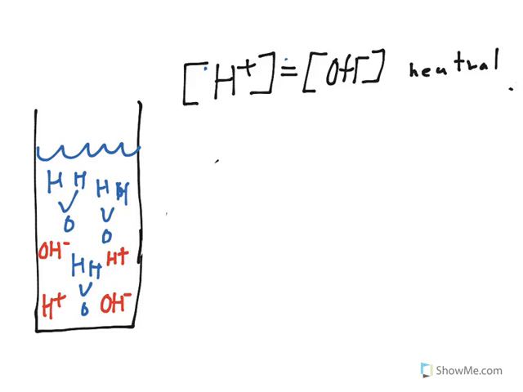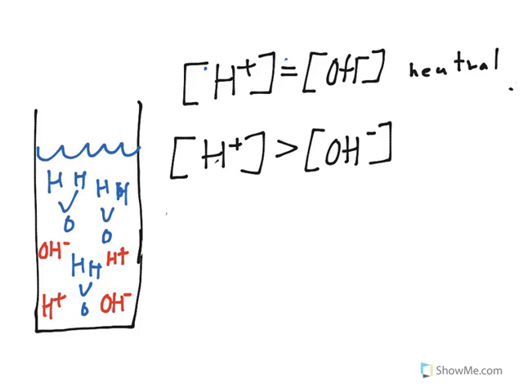It is neutral. Now, do they always have to be neutral? Is it possible for me to have more of one ion than the other? Yes, it is. If I do something to this, and for some reason I have more H plus than OH minus, then it is acidic.